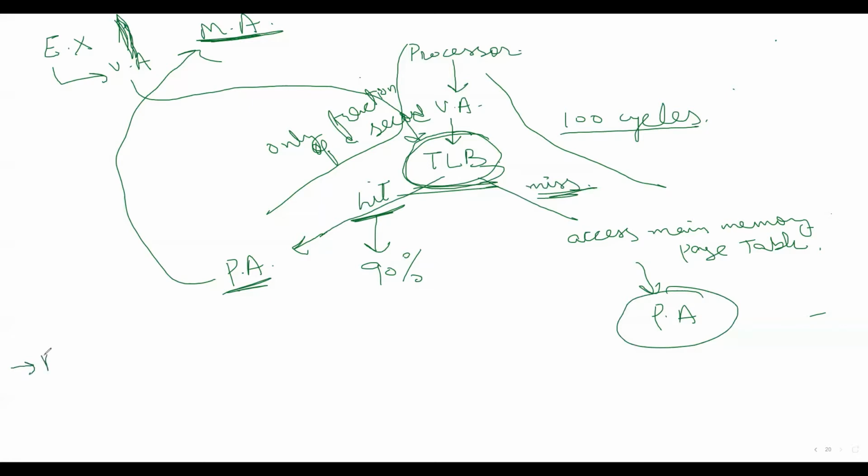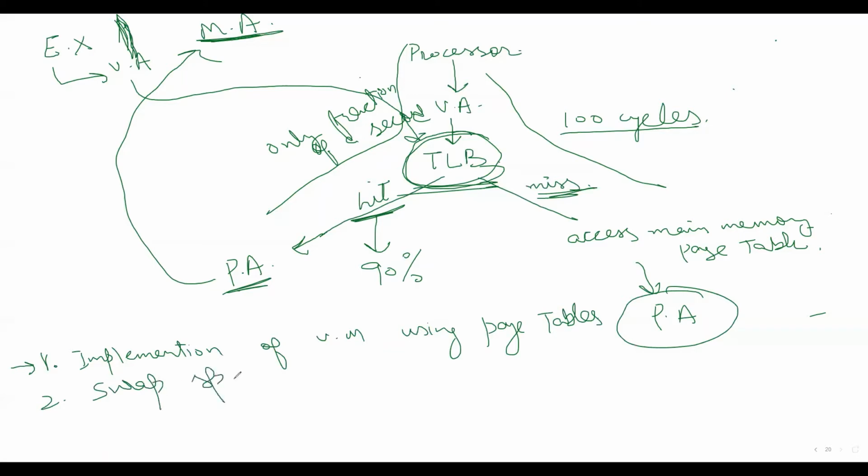The first part we completed was the implementation of virtual memory using page tables. And in the page tables, we discussed various page tables: single level page table, two level page table, and inverted page table. Then we discussed the need of swap space. And here we discussed the need of TLB and how important it is.